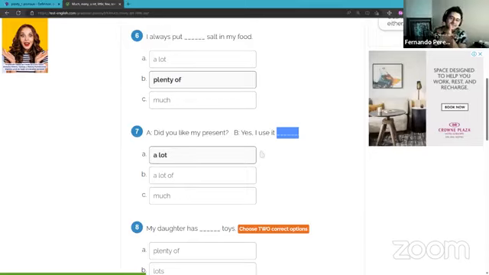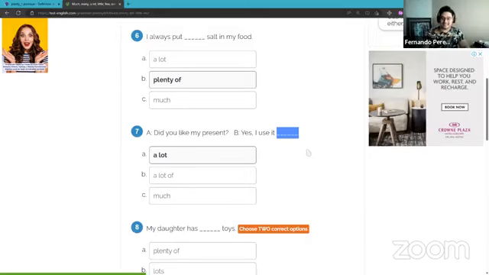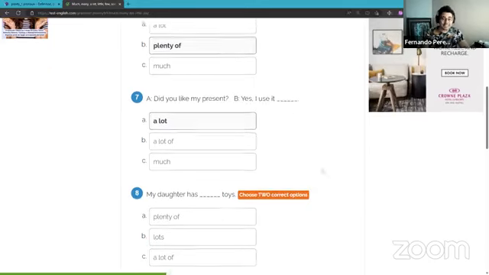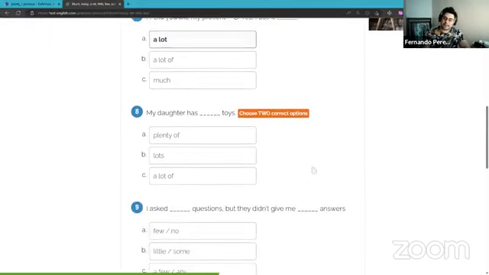So you will say, I like the movie a lot, not a lot of. Exactly. That's correct. Good, good. This is a very common mistake at this level. Take a note, guys.